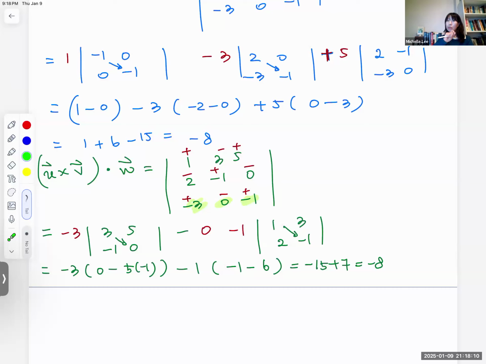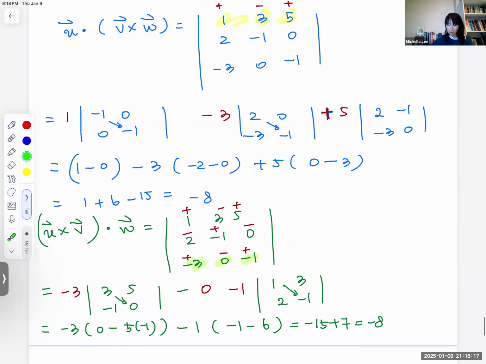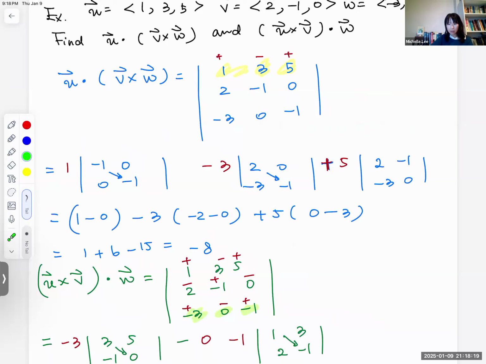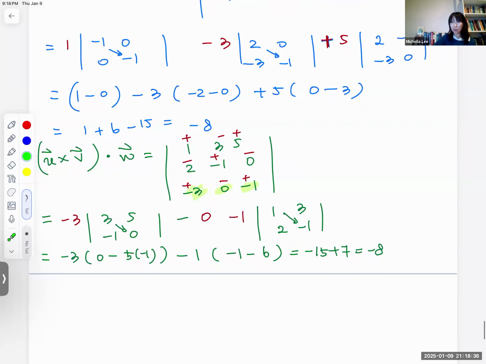But we know dot product is commutative. We have a dot product with this one, and we have a dot product with this one. So dot product is stronger in that case.